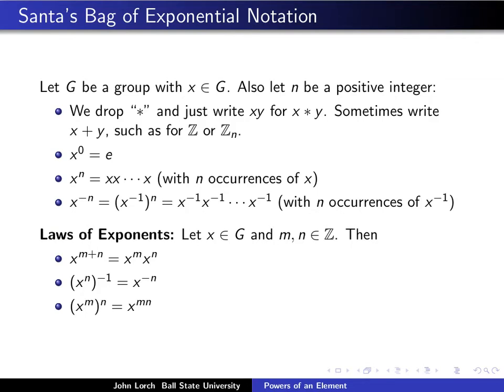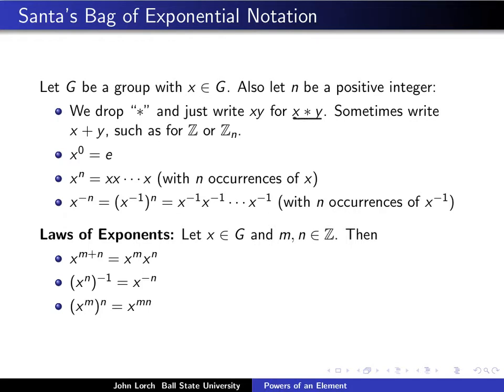Now we introduce exponential notation and laws of exponents in groups. Regarding notation, the very first thing we're going to do is drop the ever-present use of this star or asterisk to denote the product of two elements in our group.